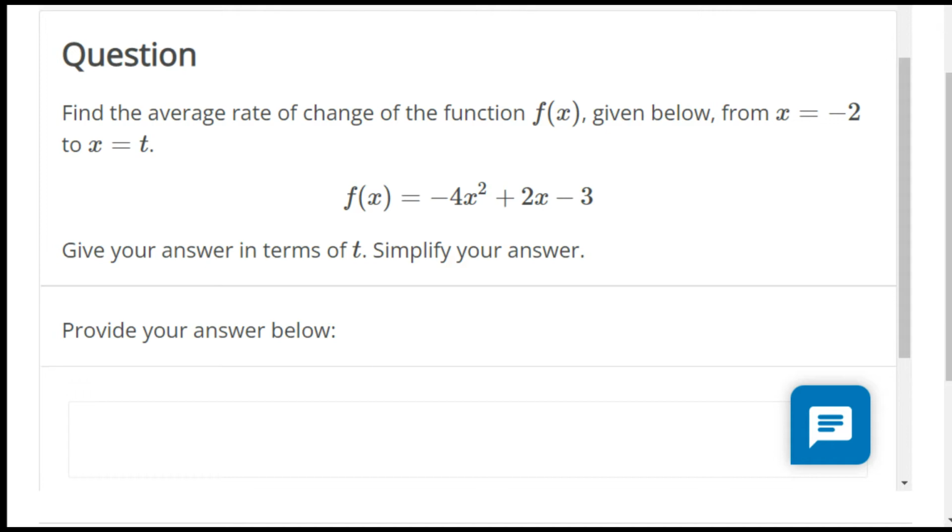And if we choose values of t closer and closer to the other value, which in this case is minus 2, then you will be approximating the slope of the tangent line.